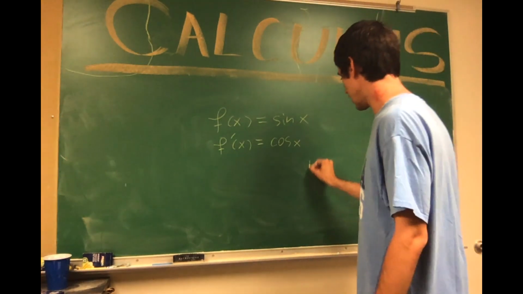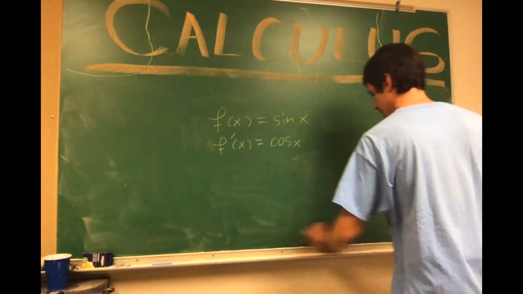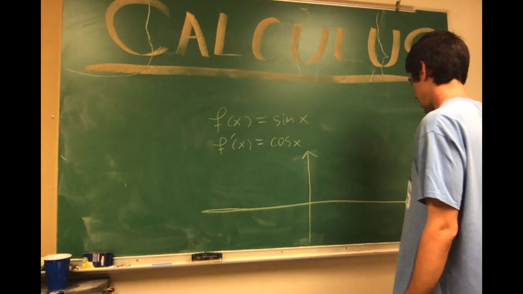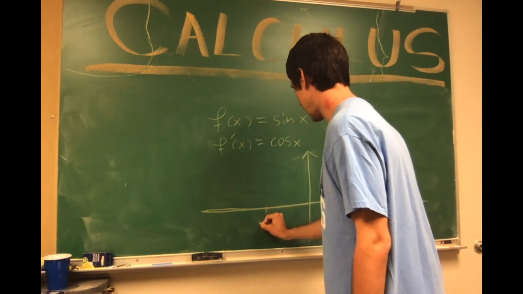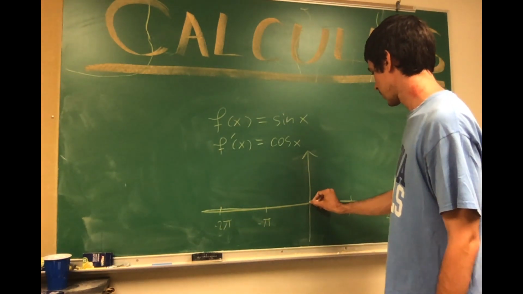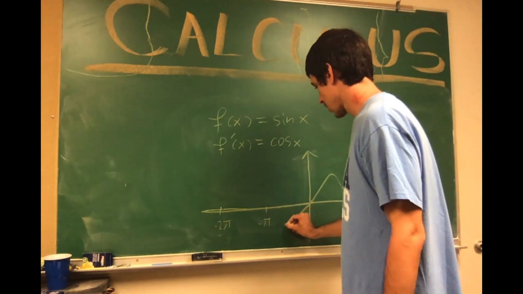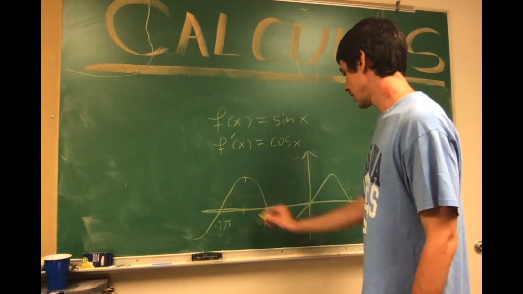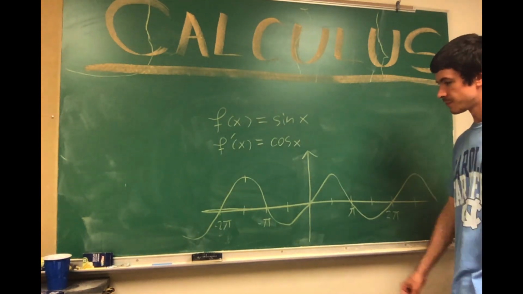And so let's do a little bit of a graph here. Negative 3 pi over 2, negative pi over 2, pi over 2.